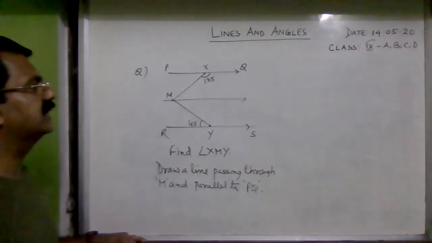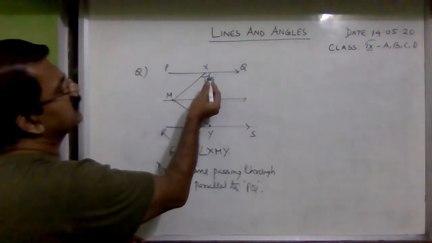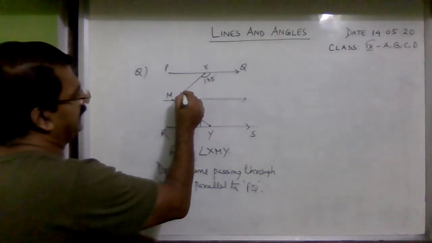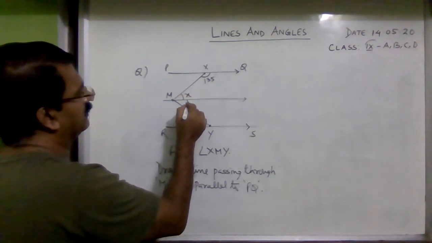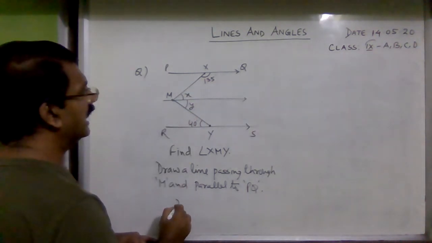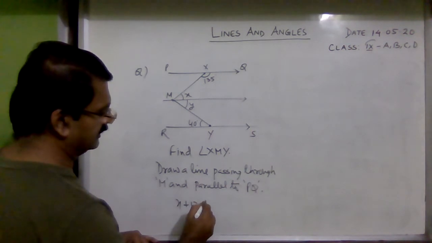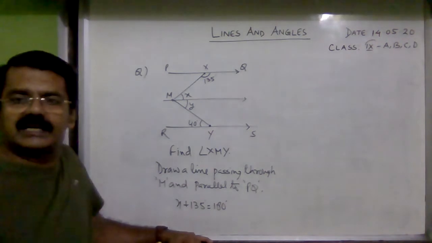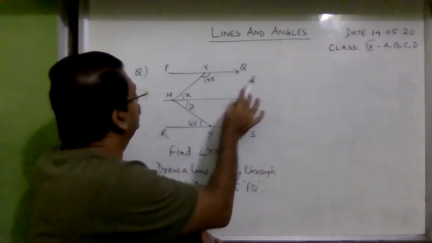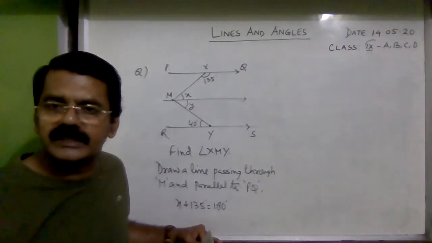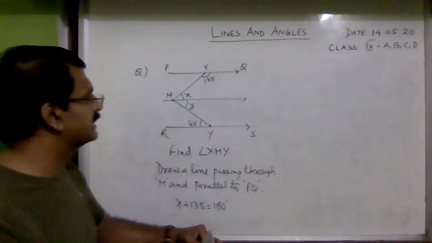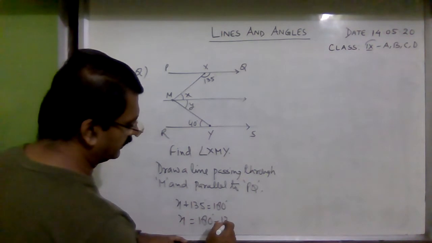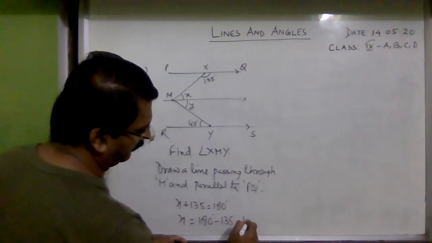Okay. Now see, if that angle is 135, let this angle be x and let this angle be y. So first of all, x plus 135 is equal to 180. Why? Because they are co-interior angles, and when line PQ and this line are parallel, the sum of co-interior angles will be 180, they are supplementary. So x will be equal to 180 minus 135, that is equal to 45 degrees.